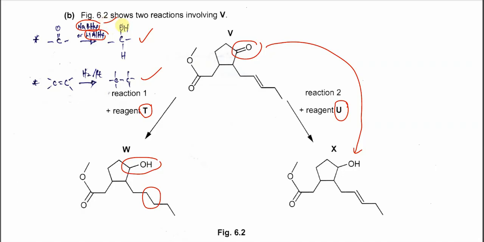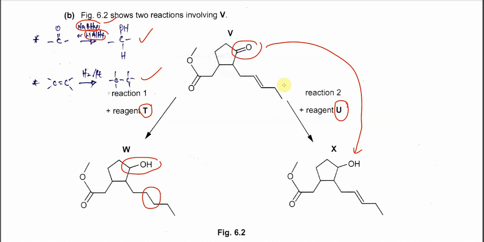There is a reason. When we use lithium aluminum hydride, actually one of the functional groups will react. It's actually the ester, but that is not in your syllabus, so the better answer is sodium borohydride.